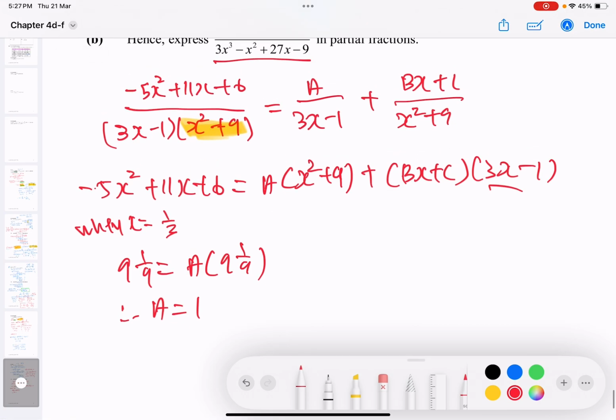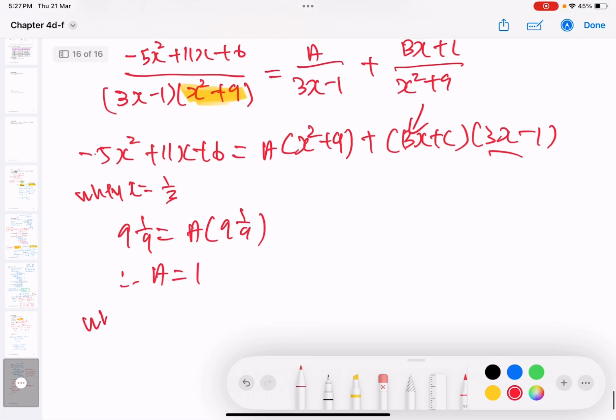Next, let's see what I can do. This one's a little bit tricky, because I can get rid of this, but not the rest. I can try to get rid of B by letting x equal 0.